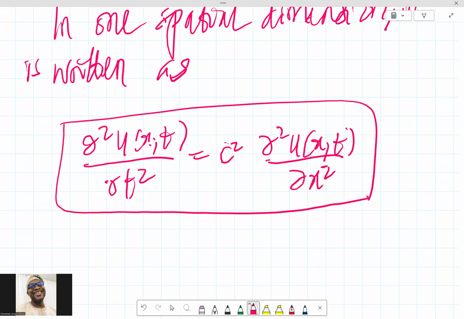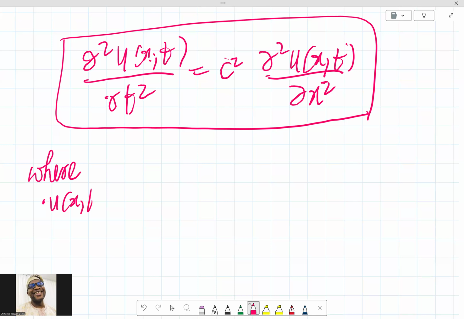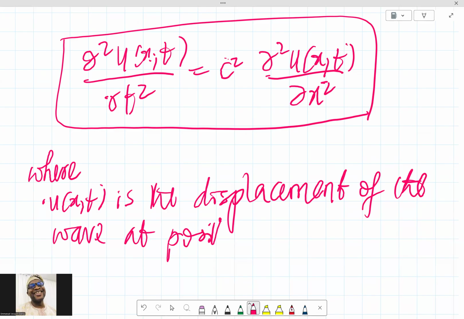Where u of x comma t is the displacement of the wave at position x and time t.